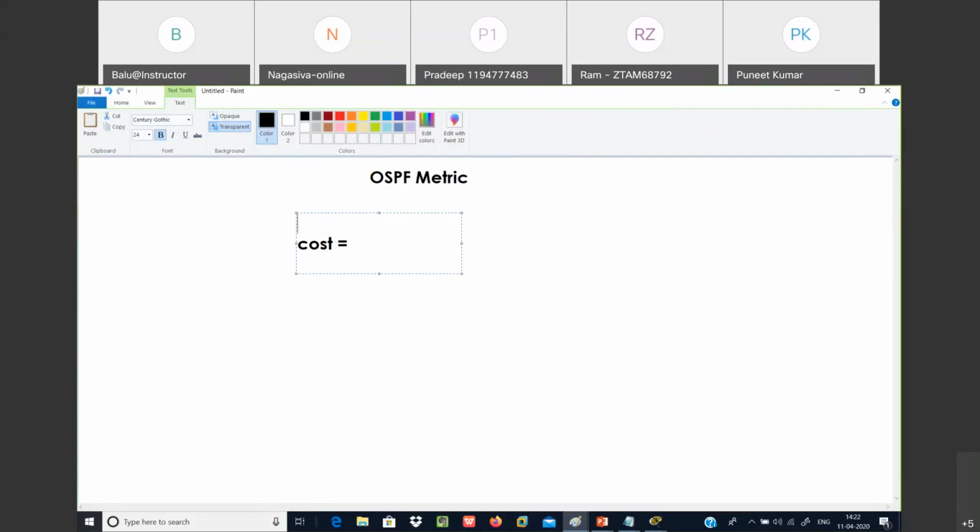But generally, we used to write it like this: cost formula is reference bandwidth by interface bandwidth.